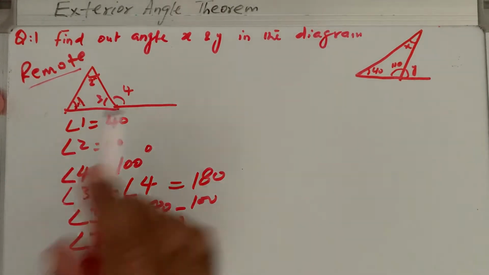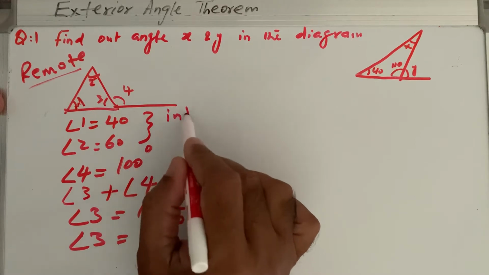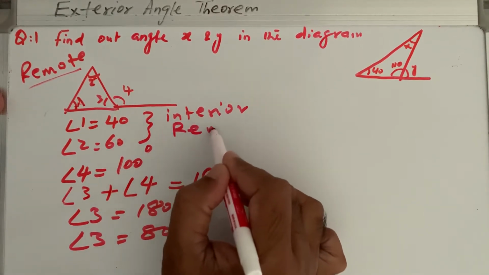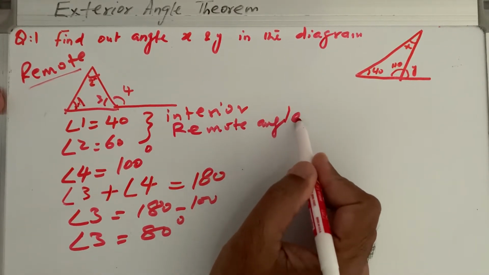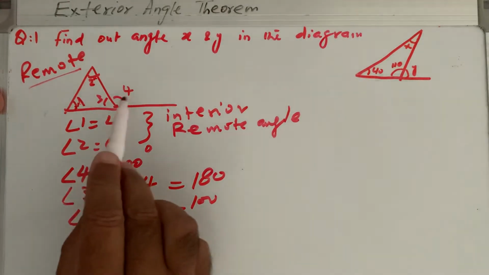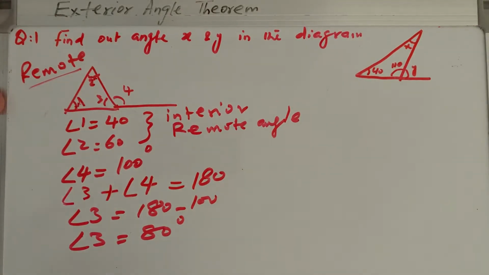So angles 1 and 2 are the remote interior angles, opposite to the exterior angle. We add them up to find the exterior angle. This is also called the triangle exterior angle theorem.